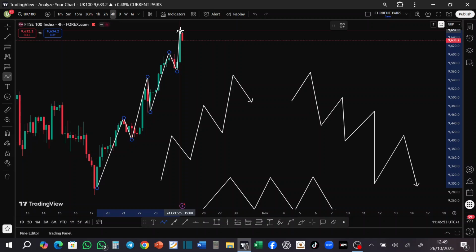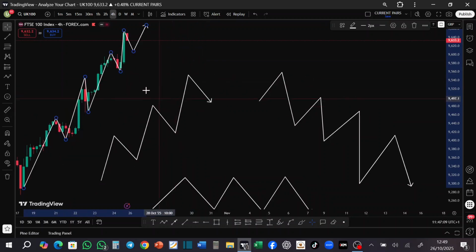Now, what are we expecting? It is moving down. So we expect it to move down like that. Based on what we have seen, when it moves again, we expect it to go up, right? Because that's what it has been doing.